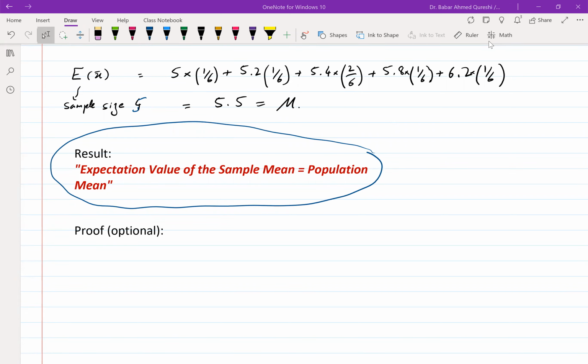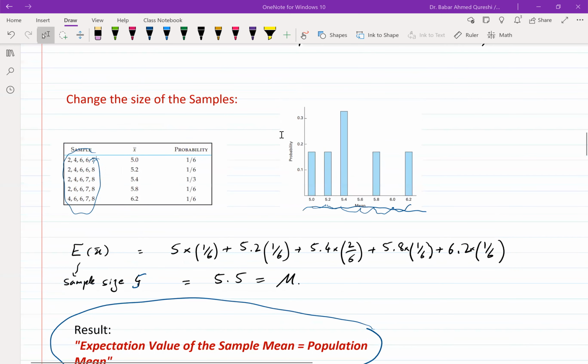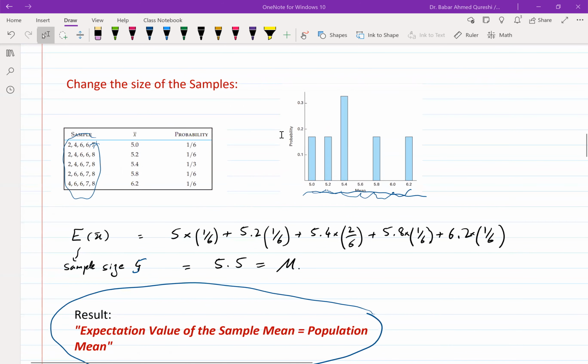There's some other question. Well, how did I obtain the population probability values for a sample of size 5? Very simple. I just listed all of these, and what I find is that this sample, this one of 5.4, I can get in two ways.